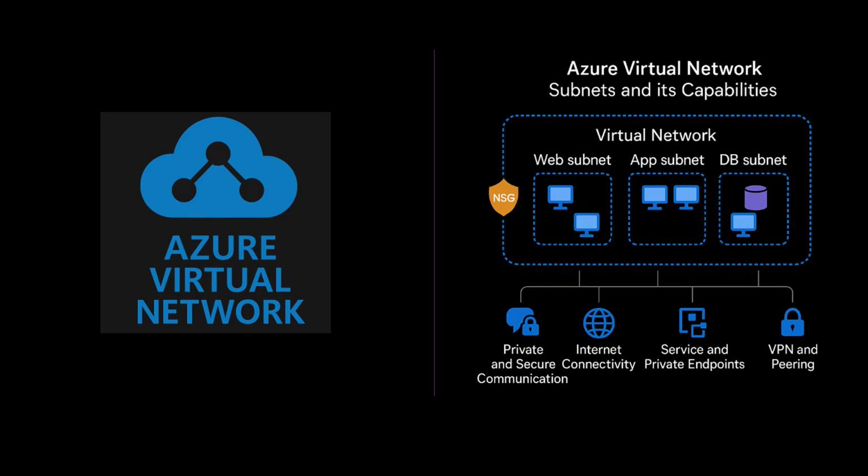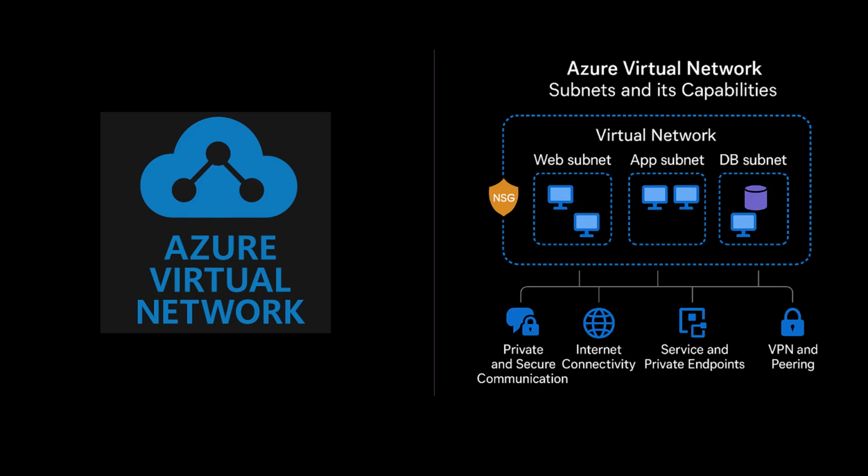And if your organization uses third-party appliances like Palo Alto or Fortinet, you can deploy those as network virtual appliances right into your subnet and use custom routes to direct traffic through them. In short, Azure VNets give you the blueprint and the tools to build a network that's secure, scalable, and tailored to your architecture. You're not just using the cloud, you're shaping it.